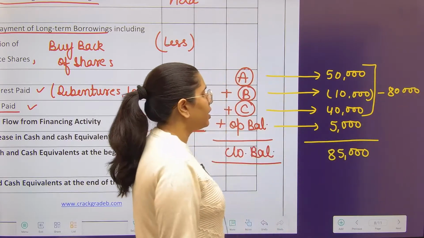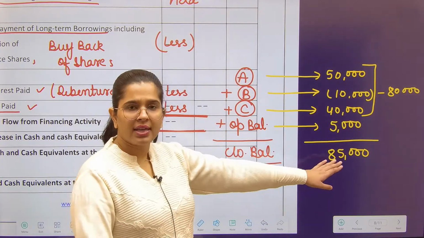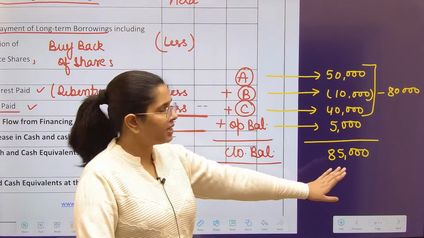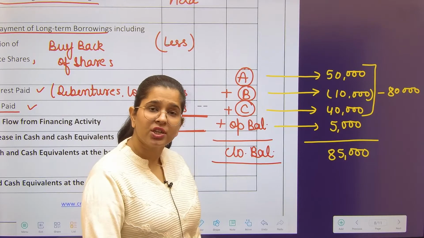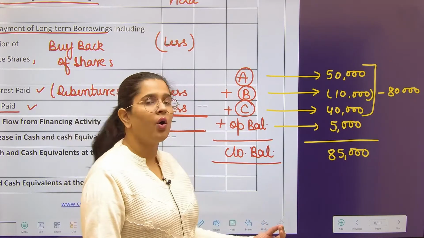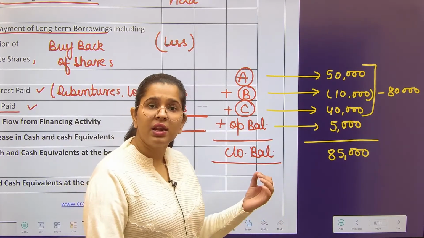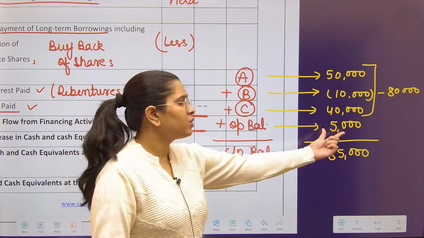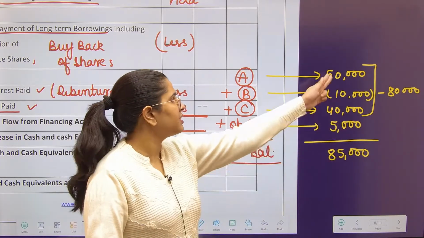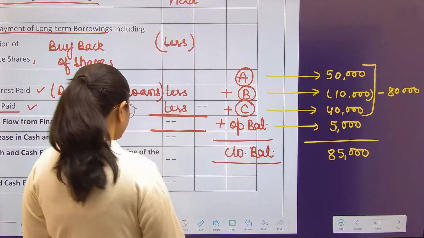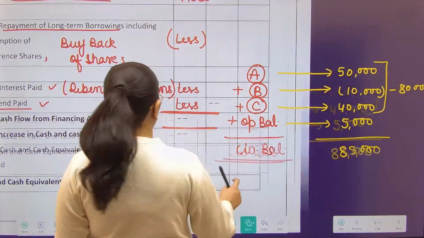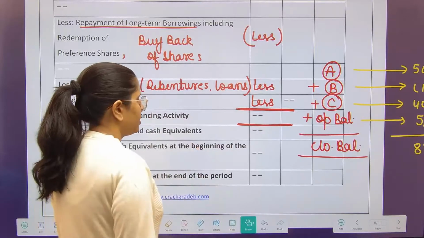That means when the year has closed, I should be having 85,000 rupees in my hand as cash and cash equivalent. So this is how your cash balance will match, right? This was opening, this was closing, and this is what all happened during the year. I hope now we are clear with this.